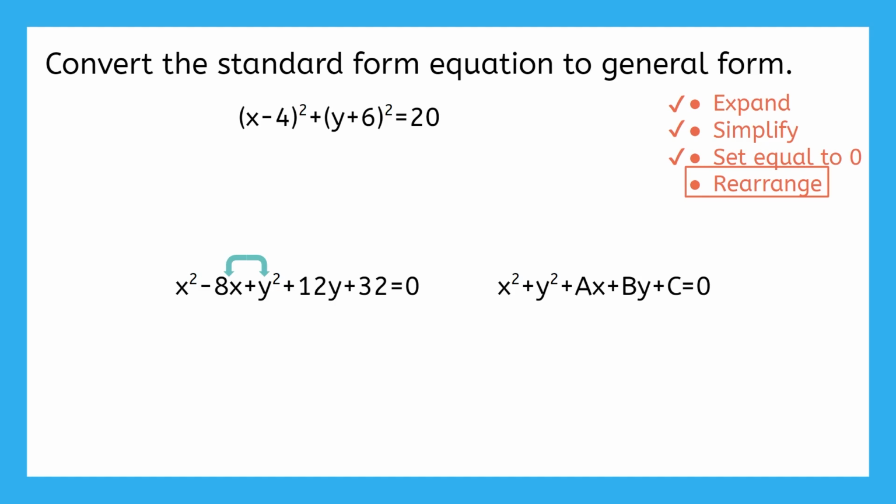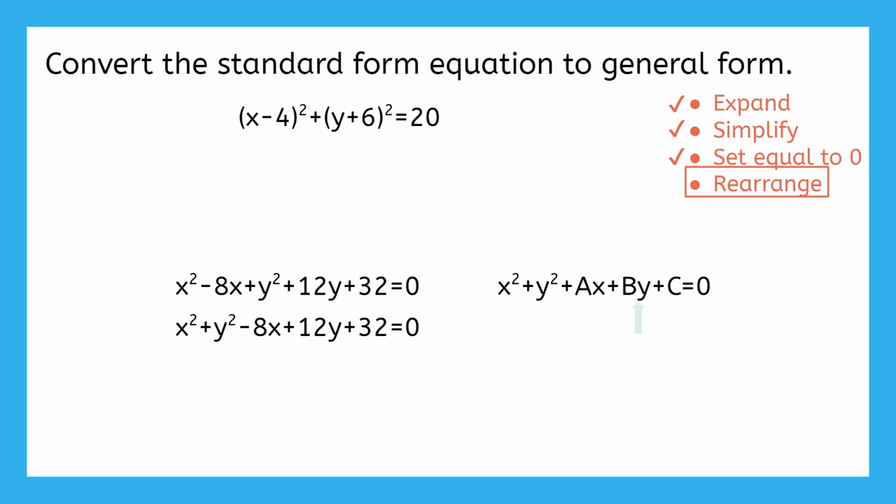You should have written your equation like this. Now we have our y squared term second, so let's keep going. We need to have the x term third. Our little switch fixed this too. Perfect. Notice that it doesn't matter that this is minus 8x instead of plus 8x. The operation does not have to be addition.